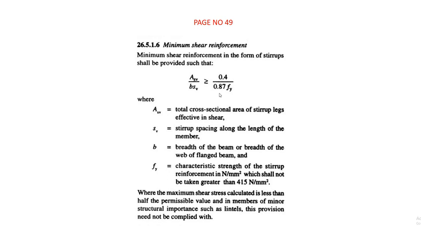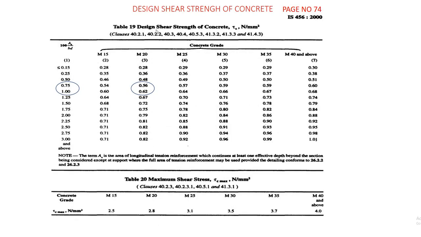Now here are some clauses from IS 456. The minimum shear reinforcement for any particular beam is given in terms of the spacing of reinforcement, Sv, that is the spacing of shear reinforcement, and Asv, that is the area of stirrups, right? Now the design shear strength of the concrete depends on the percentage of reinforcement, 100 As upon bd, that is Pt.